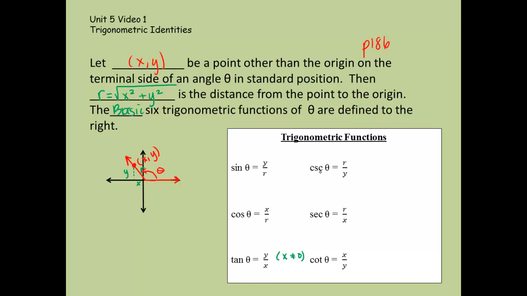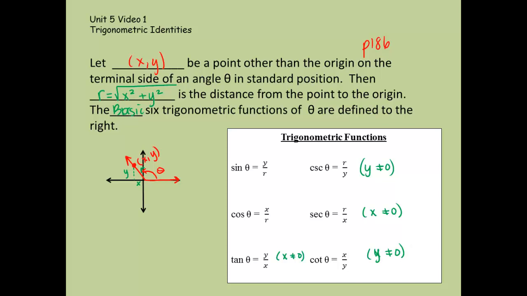Cosecant of theta is the reciprocal of sine, so that's r over y, where y cannot be 0. The secant of theta is r over x, as long as x is not 0. That's the reciprocal of cosine. And cotangent, the reciprocal of tangent, is x over y, so long as y does not equal 0.